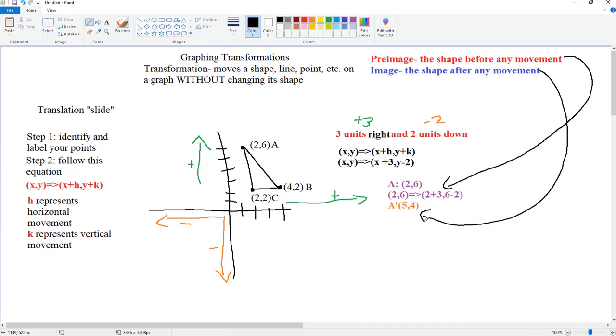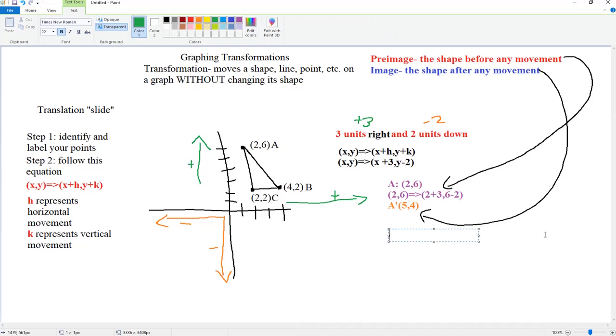So we did it for A, let's do it for B. And if you're already getting the process of this, you can just skip forward or pause it and try it yourself. I'm going to go through B, then I'm going to go through C. So for B, the original point is 4, 2. So if I were to use the equation, my ordered pair is 4, 2, and then I do my little arrow. So my x is 4, and I know I'm supposed to plus 3 every time. This is my general equation.